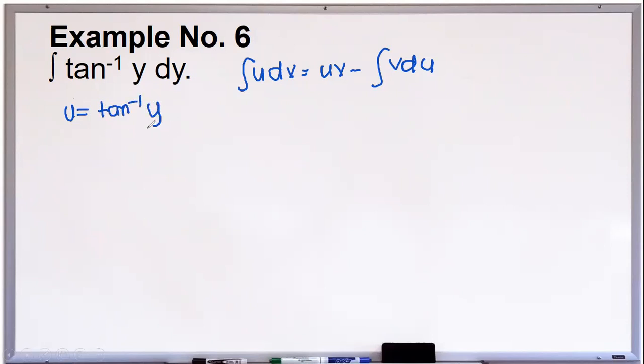Okay, so pag ito kinuha natin yung derivative nito, this is also equivalent to dy over 1 plus y squared. Then the derivative of v, so wala namang iba, dy na lang yung natira.